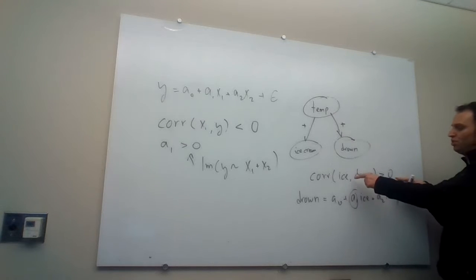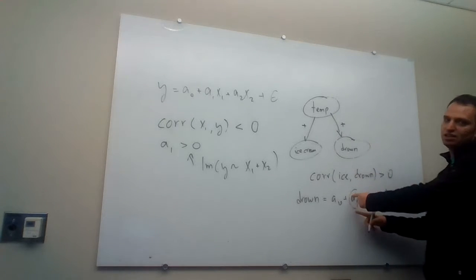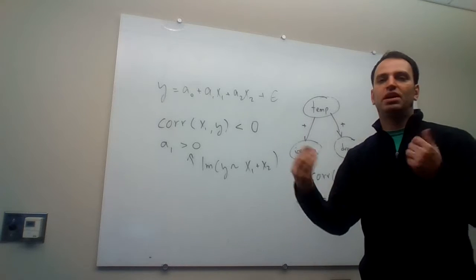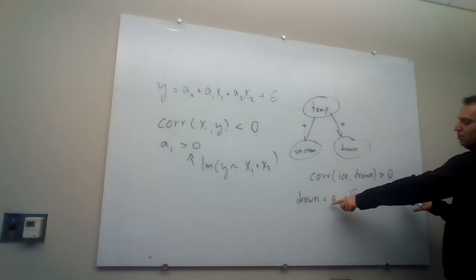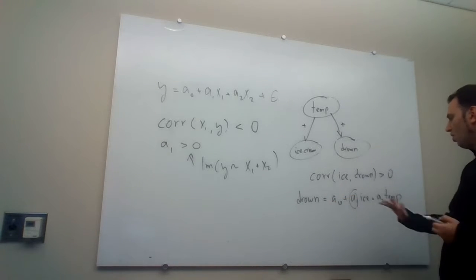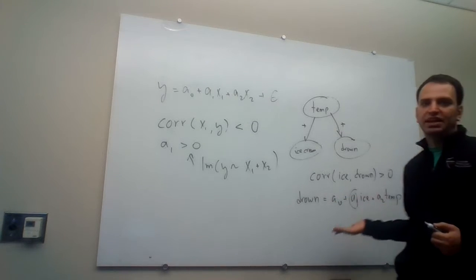So basically for the correlation to be positive, but for this to be negative. This is flipped from this example, but you can figure it out, right? So how do we accomplish this? Why would this be the case essentially?